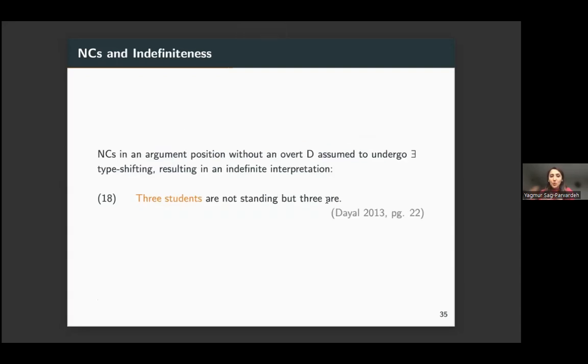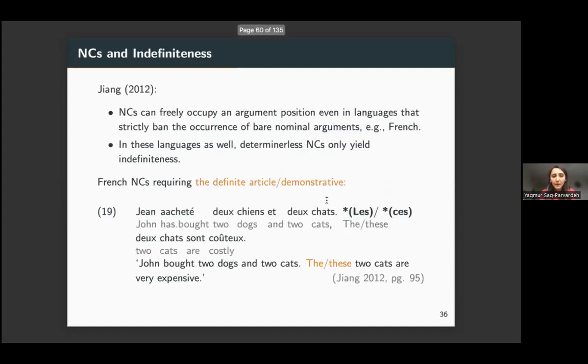But when there's no overt determiner, they have by default an indefinite interpretation. And the assumption in the literature is that when that is the case, they undergo existential type shifting by default. And this results in an indefinite interpretation. And Jiang has addressed this puzzle of definiteness and indefiniteness before me, and he claimed that numeral constructions can freely occupy an argument position, even in languages like French, which do not allow their nouns to freely occupy an argument position.